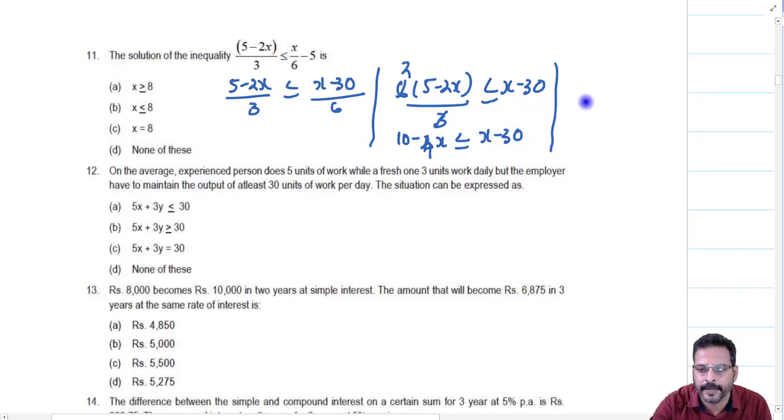So minus 30 to LHS becomes 10 plus 30, 40, less than or equal to; minus 4x to RHS, 5x. Can be divided by 5, 8 less than or equal to x. That means x greater than or equal to 8.